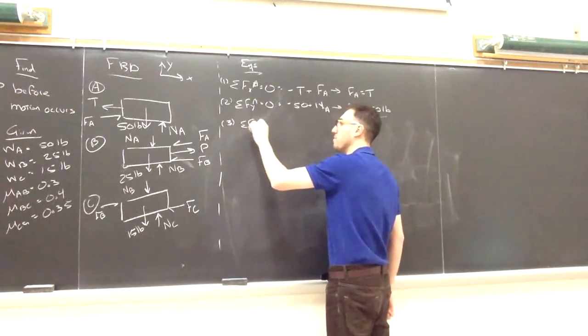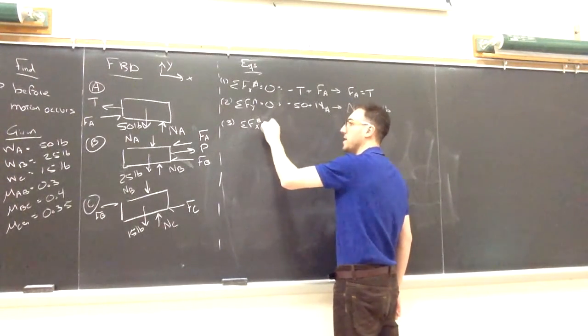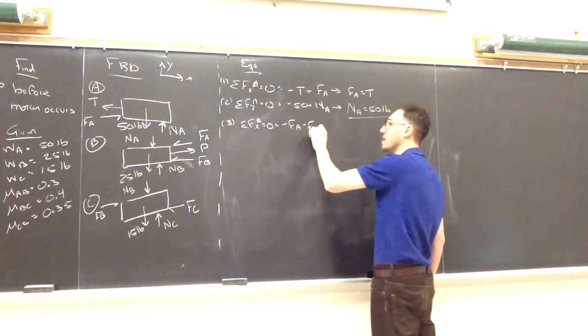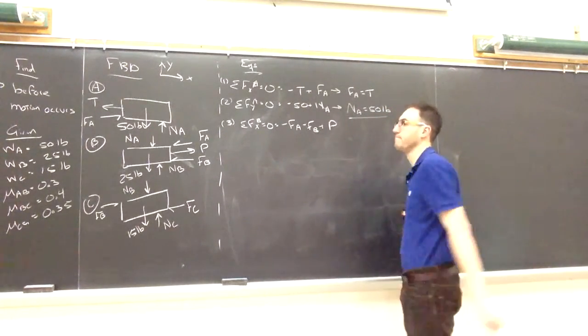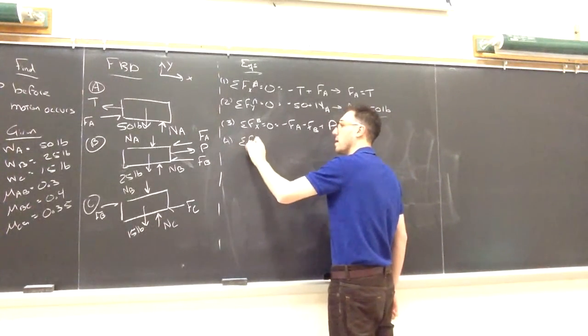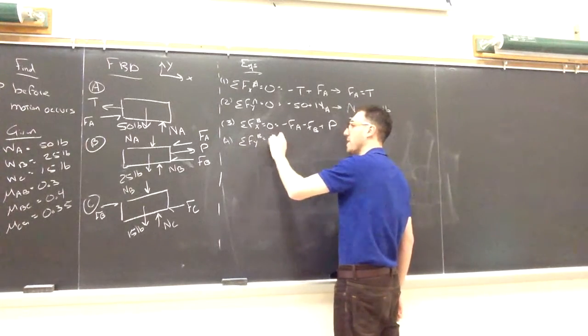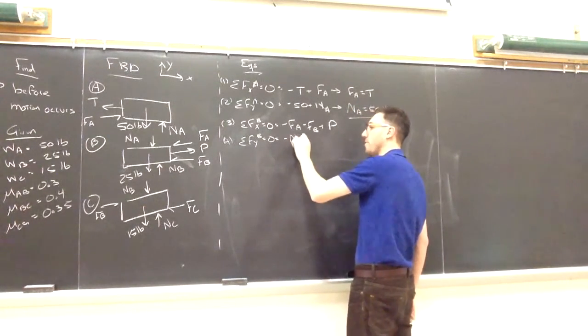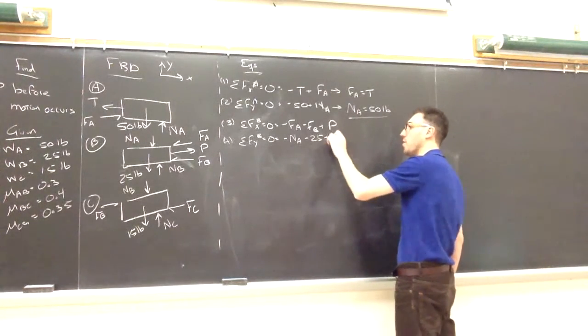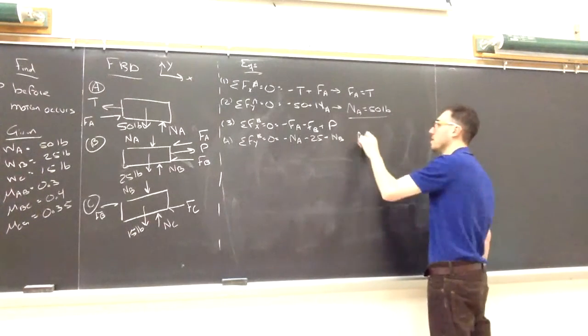In picture B, in the x direction, we'll have minus FA minus FB plus P. And here in the y direction, we have the normal force of A down and the weight down, the normal force of B up.